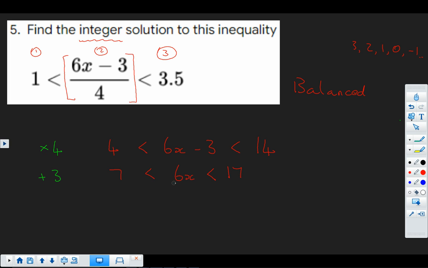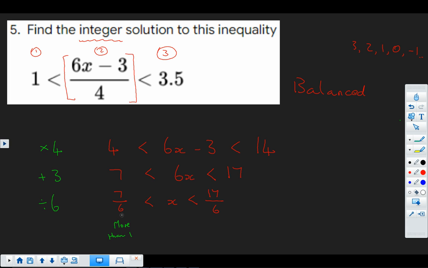If I know what 6 of something is, then one of them is going to be divided by 6. So 7 over 6 is less than x, is less than 17 over 6. Now I've left these as fractions because, going back to this idea, we want an integer solution. So my 7 over 6, well, that's more than 1, isn't it?